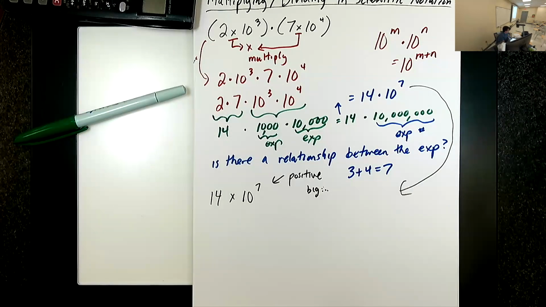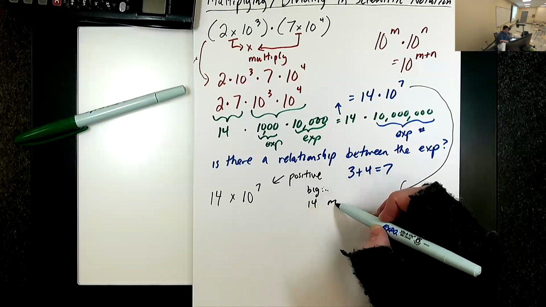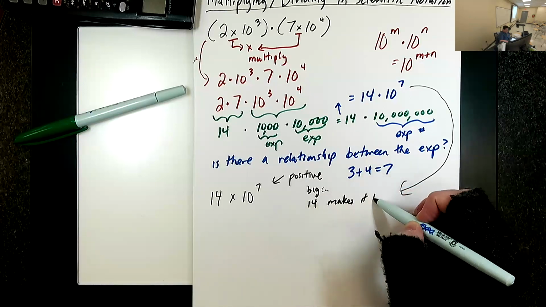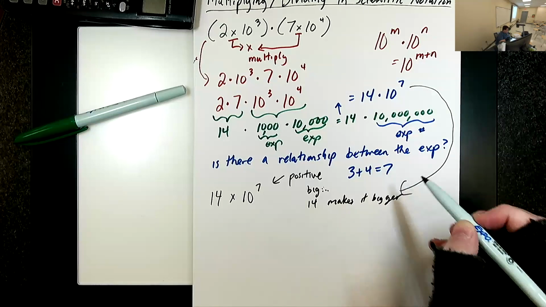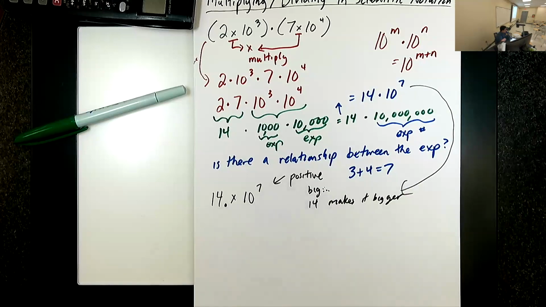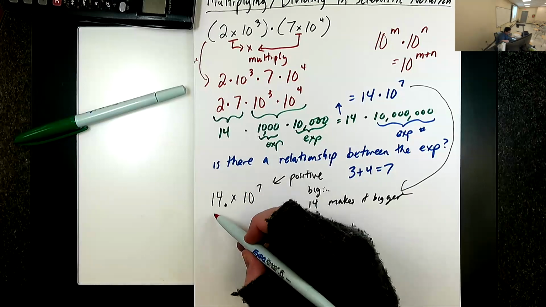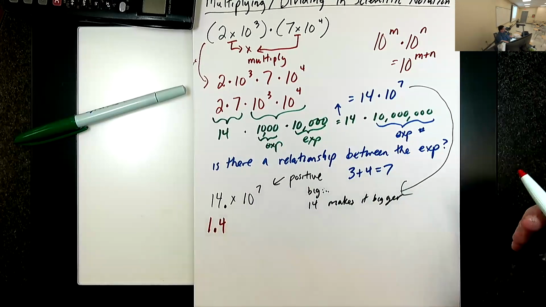If your paycheck was multiplied by 14, would you have more money? It's bigger, right? So the 14 is going to make it bigger. And that can be helpful because we recall right now the decimal is here. And for scientific notation, we want it like that. We want it after the 1.